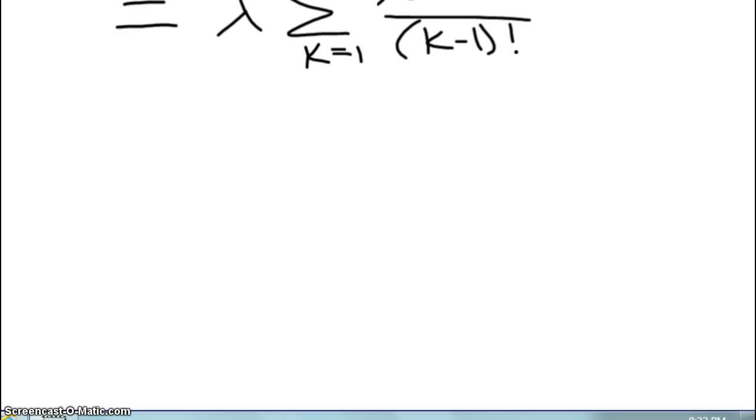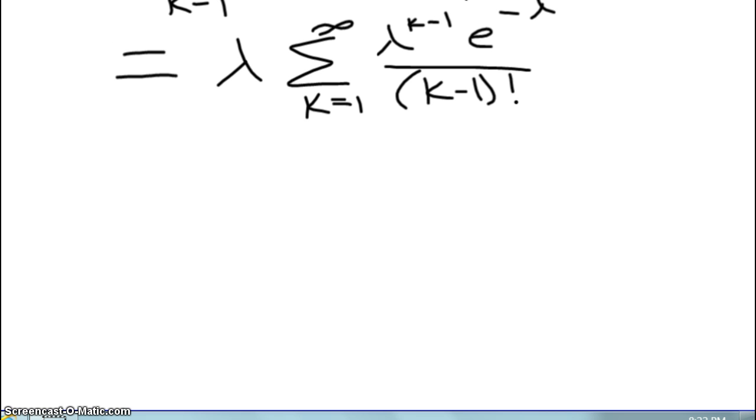What we are going to do now is substitute a new value for k minus 1. So we're going to say that k minus 1 is equal to j. The purpose of this is so that we can continue moving things around and canceling out.